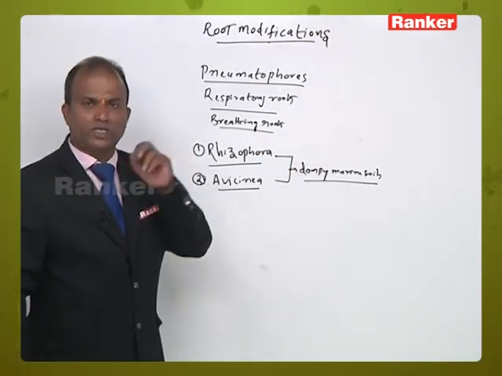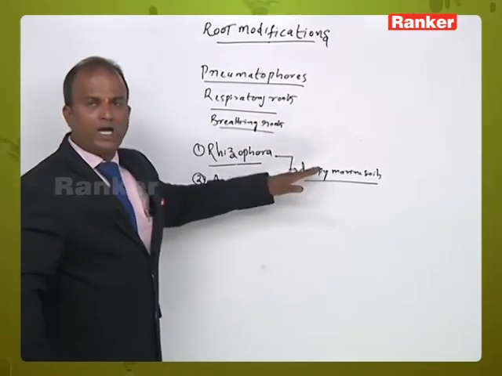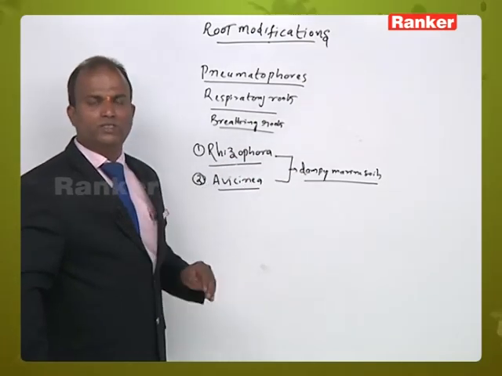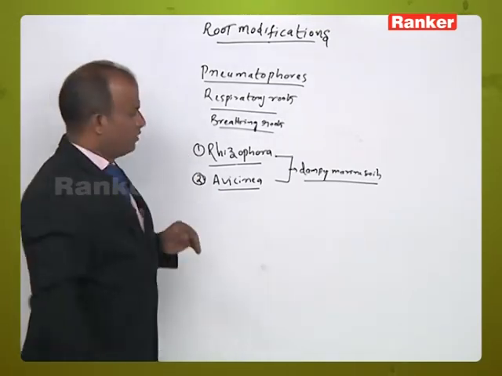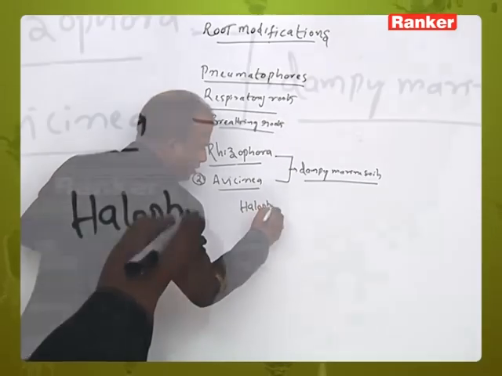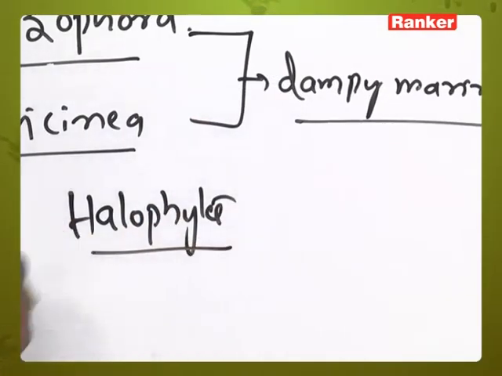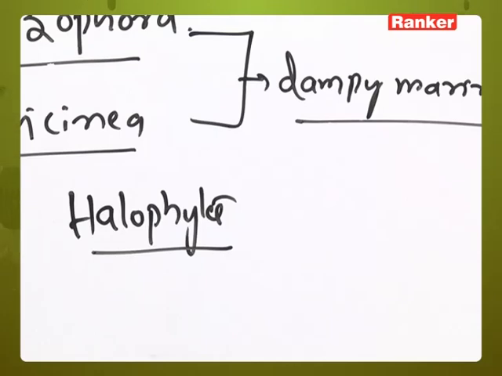As they are growing in salty water, can we call them halophytes? Yes. What is meant by halophytes? The plants which are growing in marine water or salty areas are nothing but halophytes.